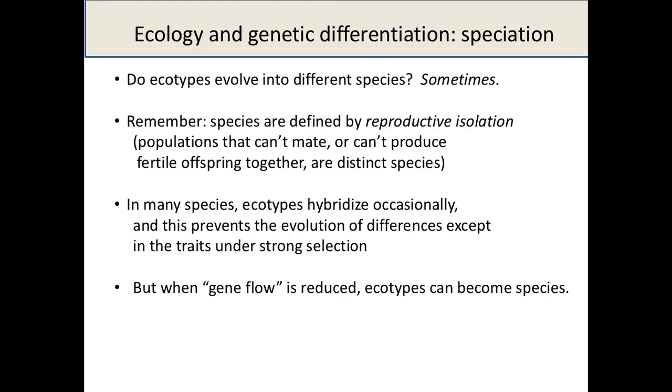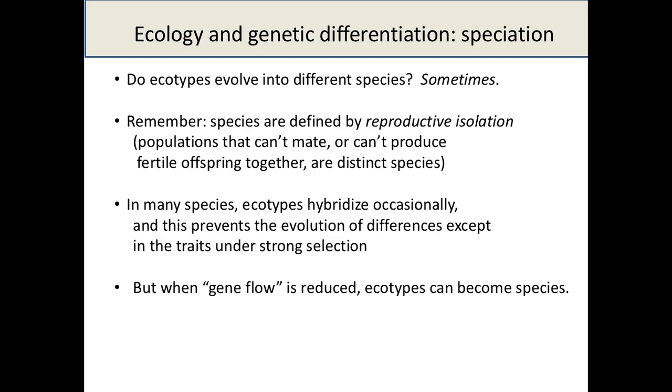To get to this point, we need to think about exactly what we mean by a species. At what point does a population that's split into two distinct ecotypes become two different species? Typically, the standard definition of a species is a group of individuals of a population who are reproductively isolated.